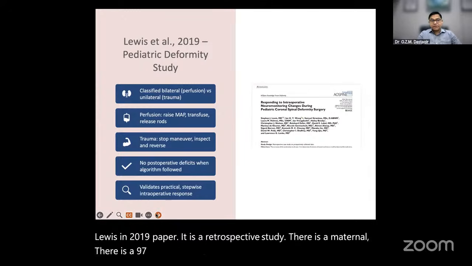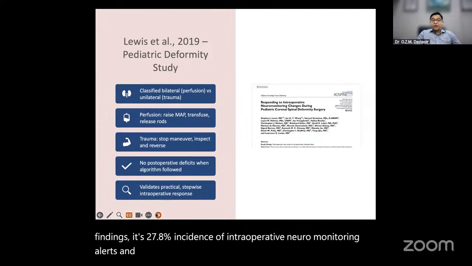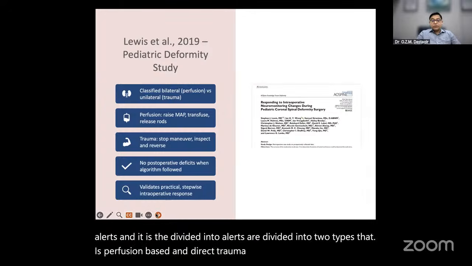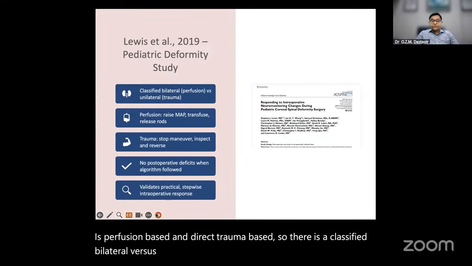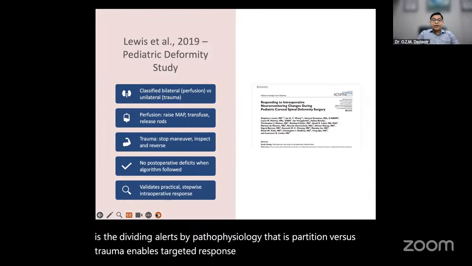Their key finding was a 27.8% incidence of intraoperative neuromonitoring alerts, and the alerts are divided into two types, perfusion-based and direct trauma-based. They were also classified as bilateral versus unilateral. The core message from this literature is that dividing alerts by pathophysiology, perfusion versus trauma, enables targeted response and safer deformity correction.